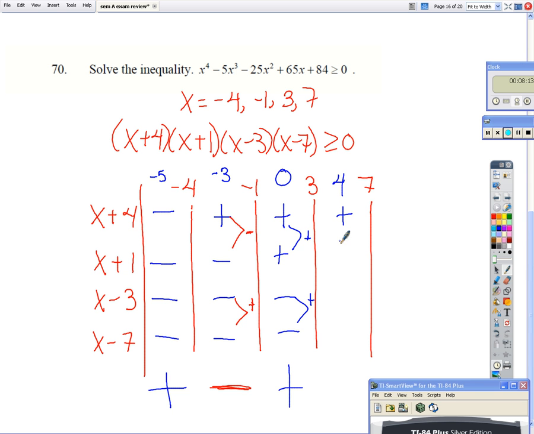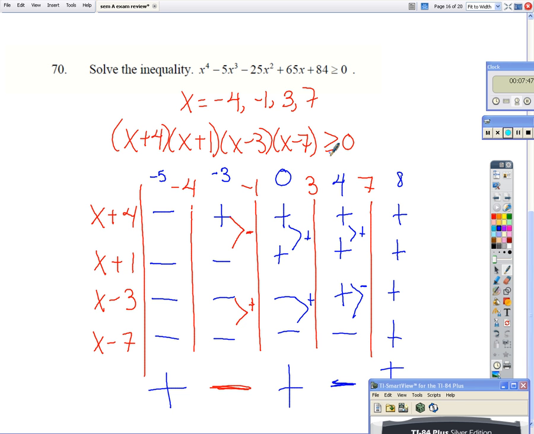So positive, positive, positive, and still negative. These will be positive, these will be negative, a negative answer. And then something greater than 7. Positive, positive, positive. So all 4 positives are a positive. And I want to know when the whole graph is positive.